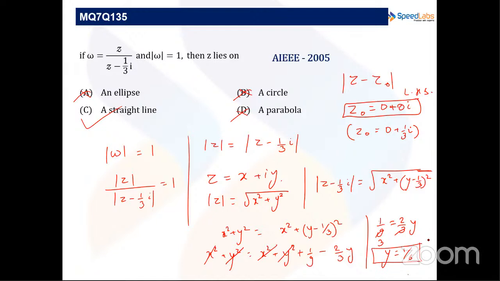And y equals 1/6 represents a straight line which passes through the point (0, 1/6). That was the midpoint of our (0, 0) and (0, 1/3). So the midpoint was (0, 1/6), and we are getting the same answer here also. Okay, clear with both the methods? This represents a straight line.